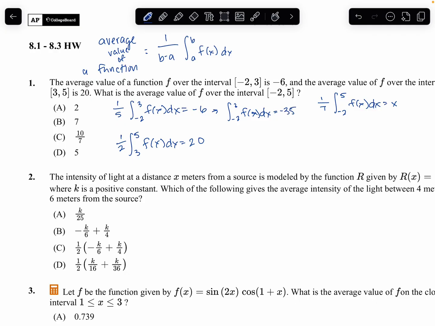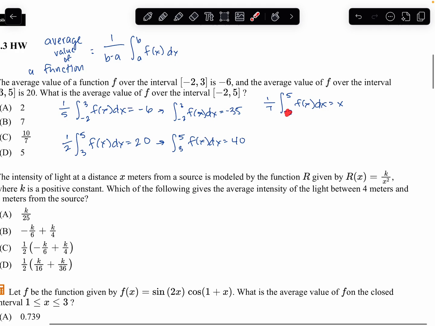I can't remember. And then the integral from 3 to 5 of f of x dx is equal to 40. Note that the integral from negative 2 to 5 would be the sum of these two, because this goes from negative 2 to 3 and this goes from 3 to 5.